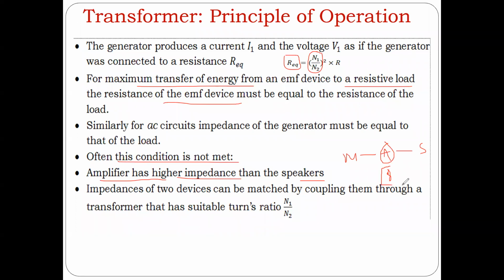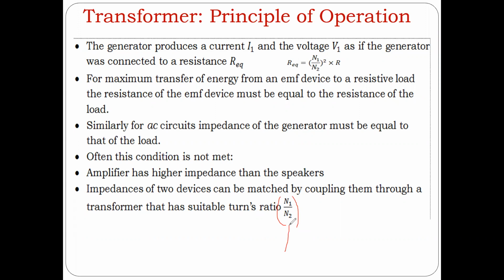But if the amplifier has larger impedance, it will get heated quickly and burn out. So you have to make sure their impedances are matched. We can easily do that by connecting a small transformer between the source and the load. By selecting an appropriate turns ratio, you can change the resistance perceived by the source, increasing or decreasing it without actually changing the load.